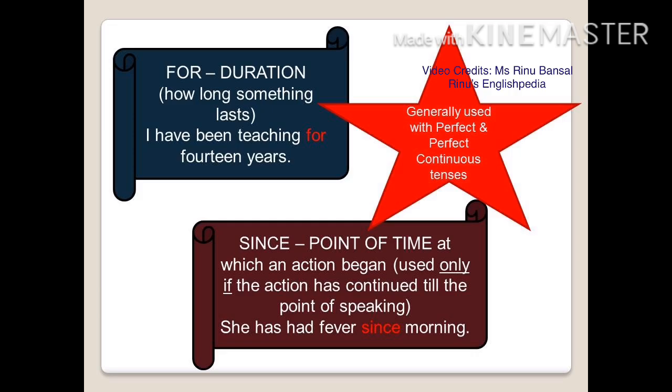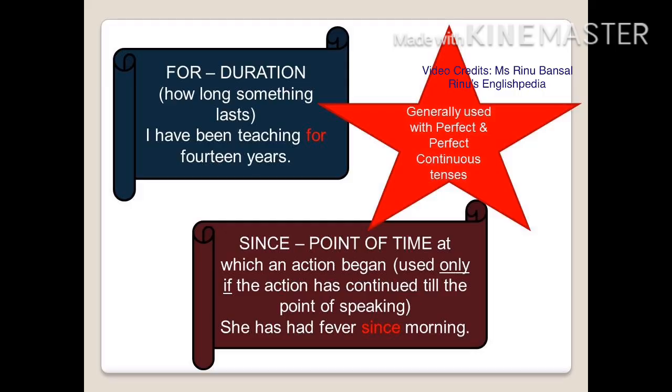For implies duration when we are talking about how long some activity lasted, whereas since refers to the point of time at which an action began. It is used only if the action has continued till the point of speaking. For example, when we are talking about for, the example is I have been teaching for 14 years.